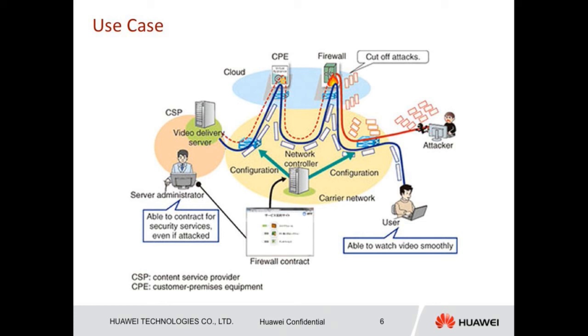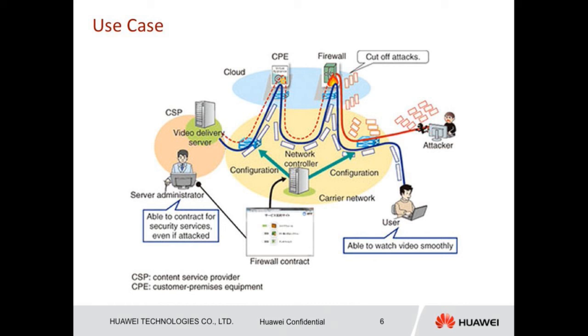Okay, here is a typical use case. In a cloud environment, maybe a CSP, which stands for Content Service Provider, provides a video delivery server, and some users have to access the server. But the traffic would first be examined by the firewall.